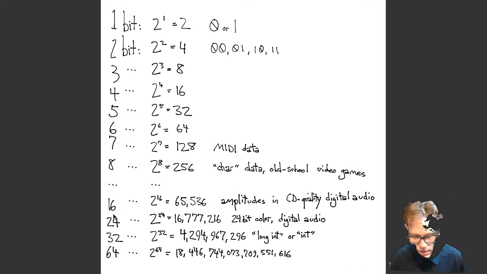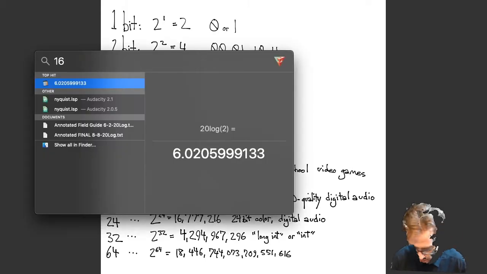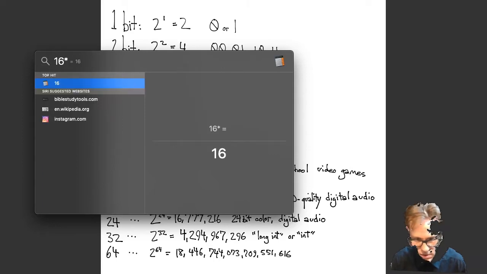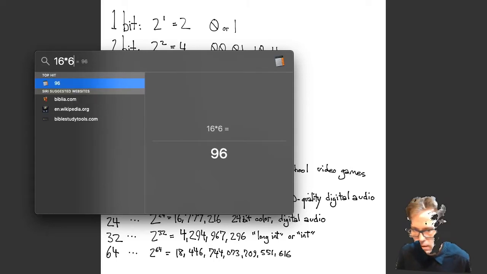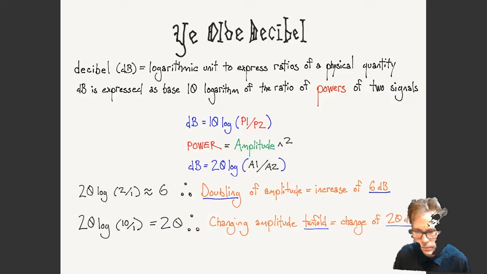So, a digital audio system that has 16 bits, the dynamic range in terms of decibels is going to be 16 multiplied by 6 decibels. So we have this dynamic range of 96 decibels if it's a 16-bit digital audio system.